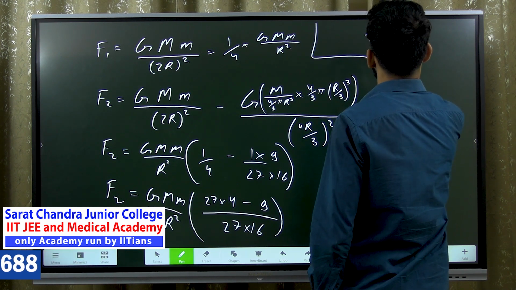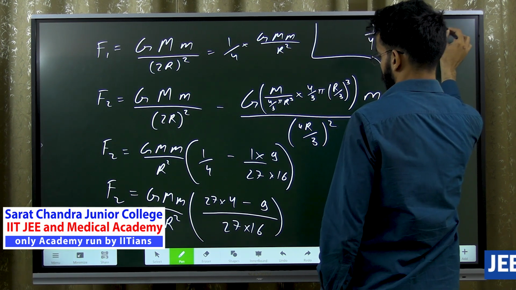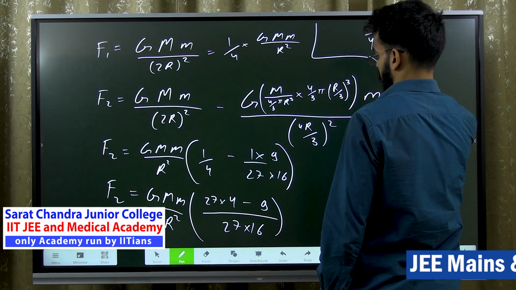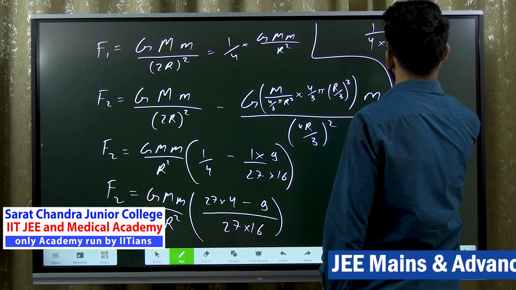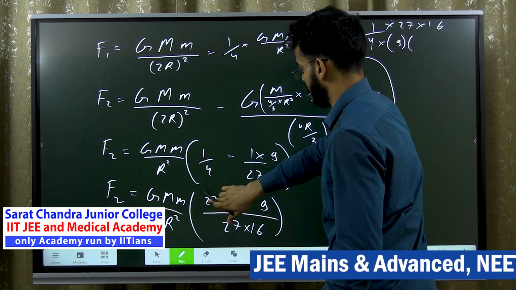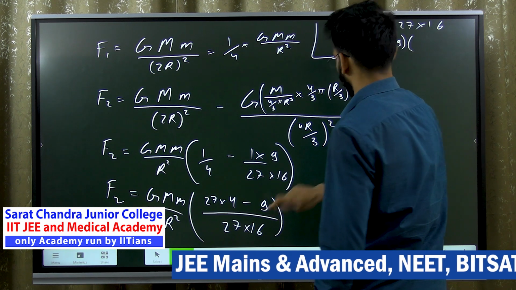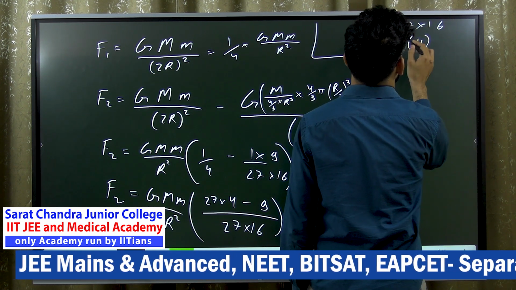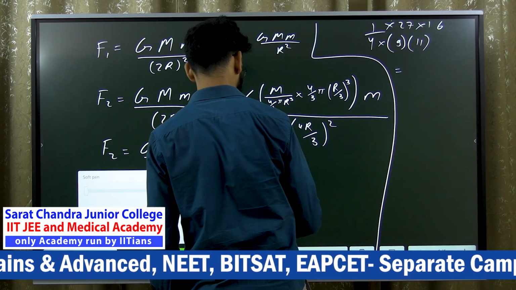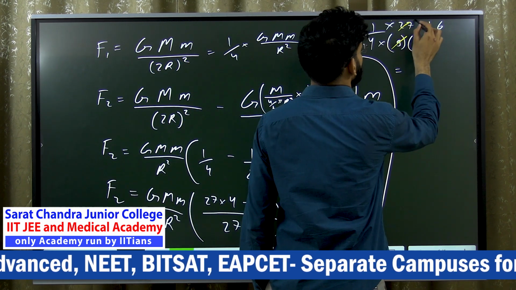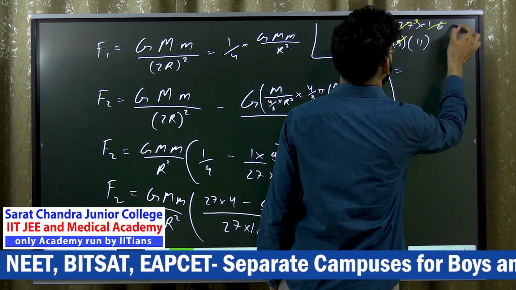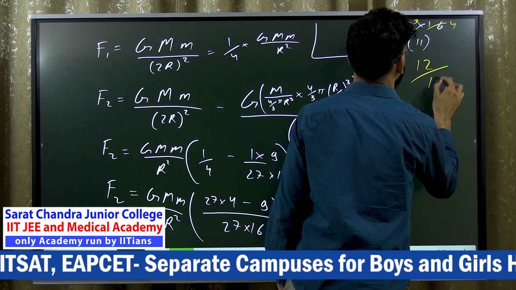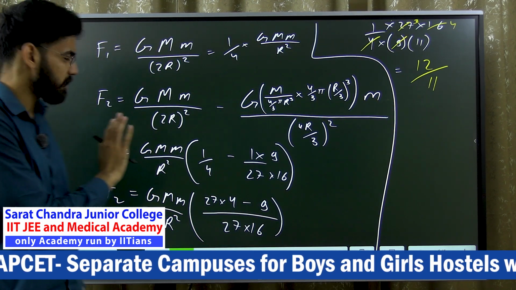So means 27 into 16 divided by 9 if you take common here. Here if you take 9 common, this is 3, this is 4, 12, 12 minus 1, 11. Okay, this is what comes. So this is 3, okay, this is 4, 4 3s are 12. So this is 12 by 11. That's it. If you can solve this in numerical calculation, that's it.